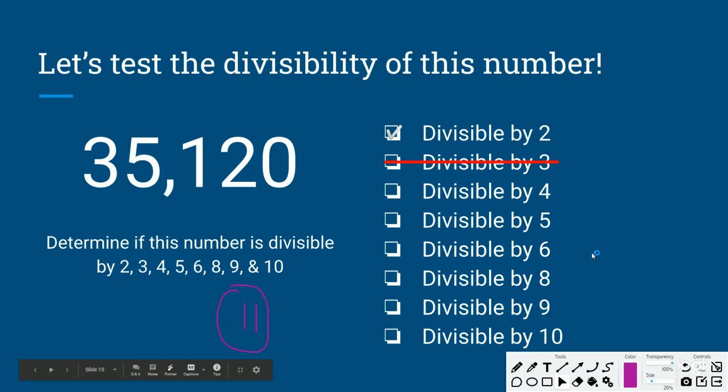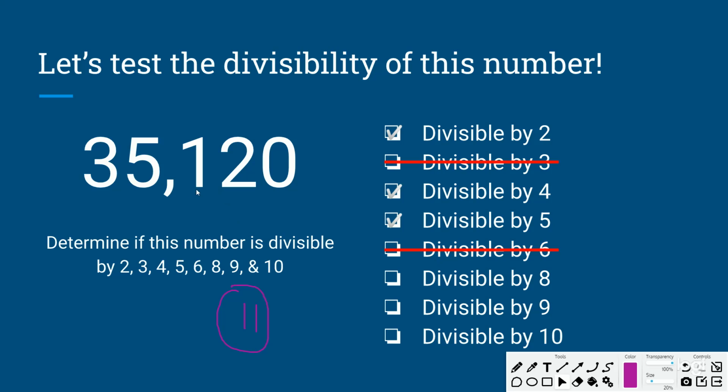No. If I look at the last two digits, 20, is 20 divisible by 4? Yes, 20 divided by 4 is 5. Is it divisible by 5? The last number is 0 or 5. Yes, it's a 0, so it is divisible by 5. Does it meet the criteria for 2 and 3? It only meets it for 2, so that means it does not meet the criteria for 6.